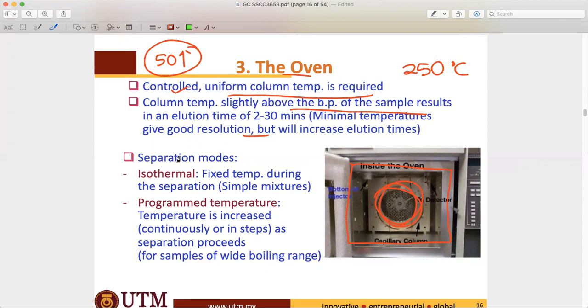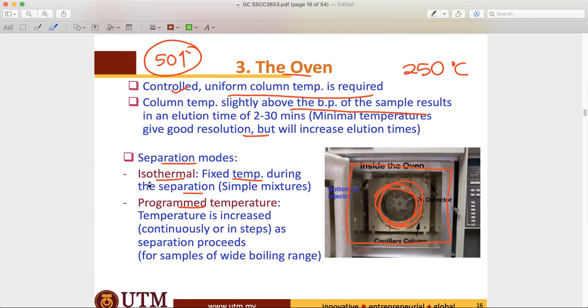Right. So for the oven, there are two separation modes. The two separation modes are isothermal and program modes. What does isothermal mean and what do program modes mean? Isothermal means a fixed temperature is used during the separation.